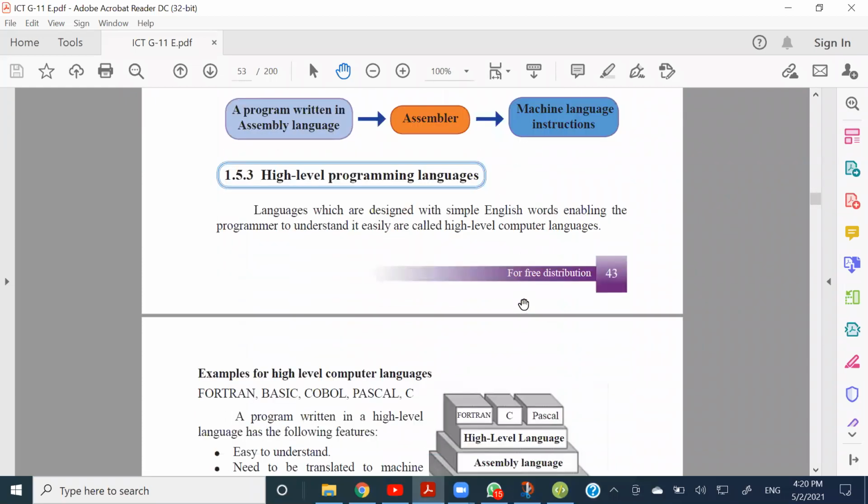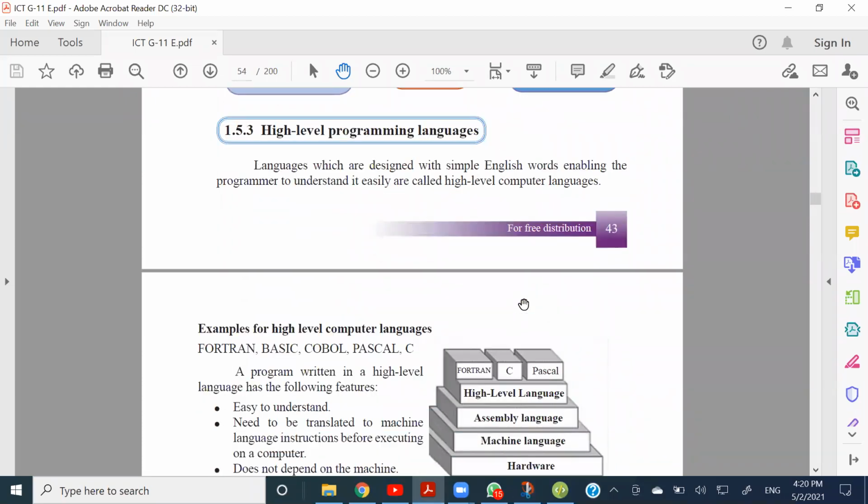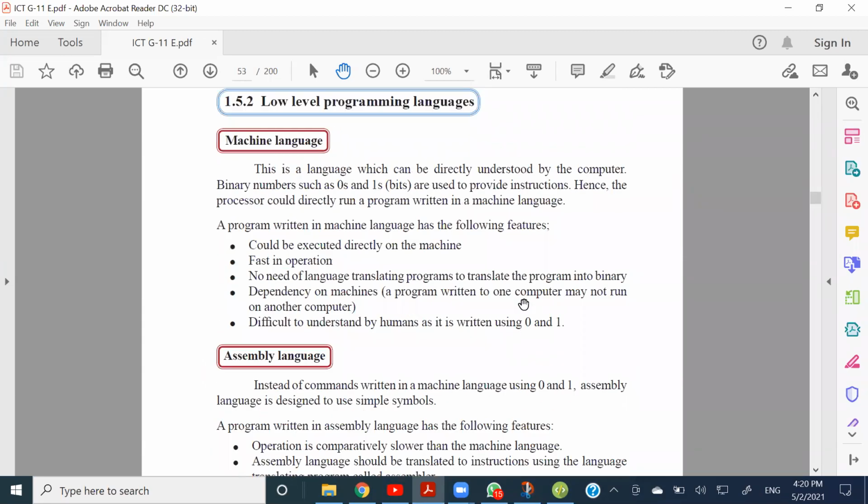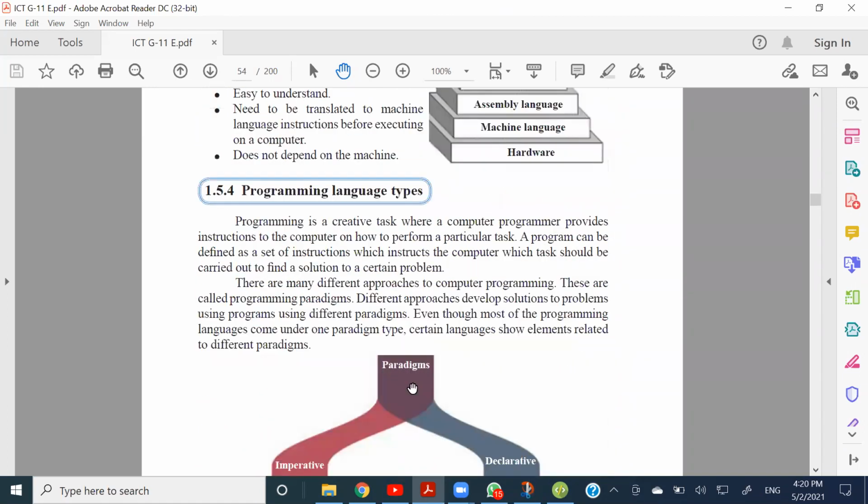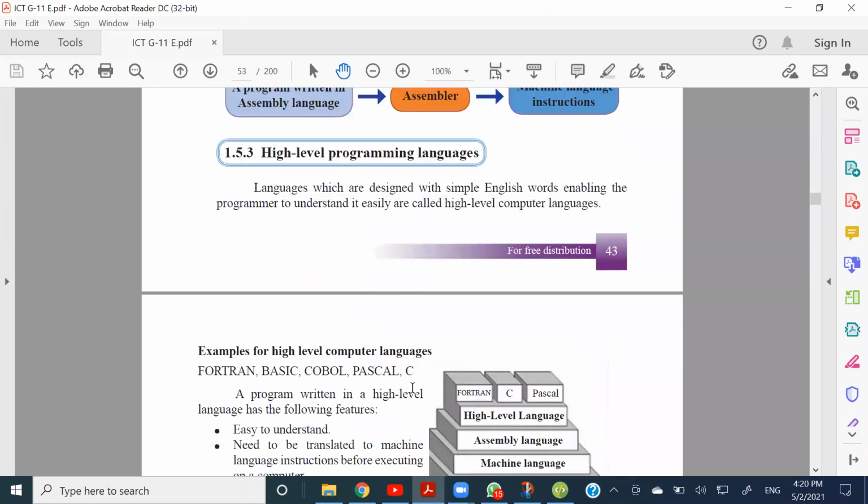So then they invented the high level programming language. Now these two are called low level programming languages. Machine language and assembly language are called low level programming languages, and all the other languages are addressed as high level languages.